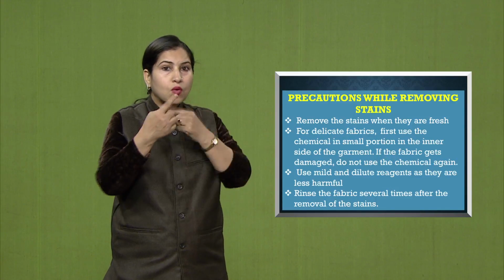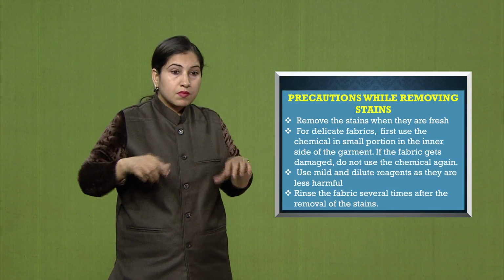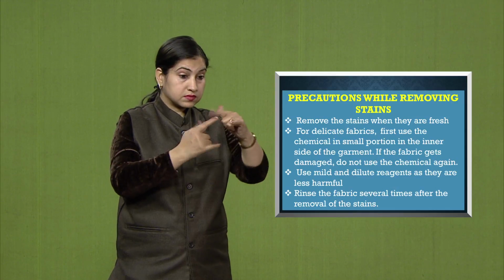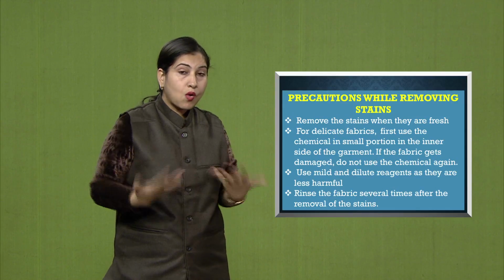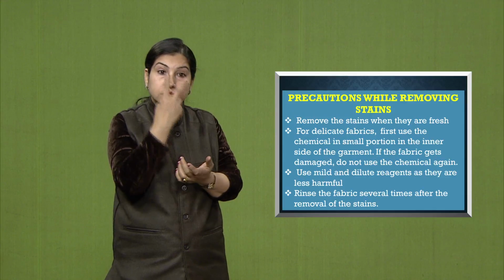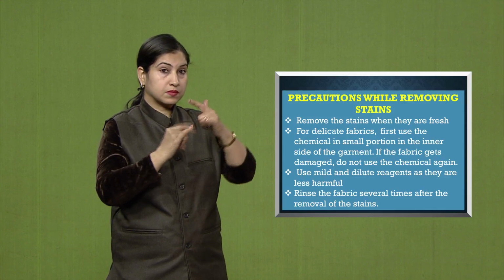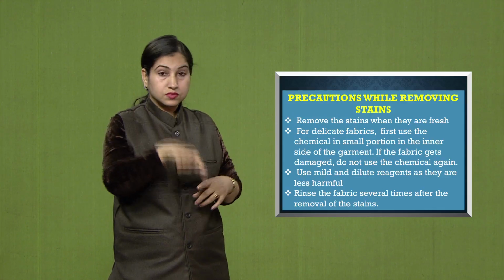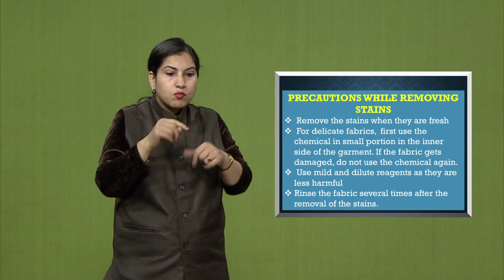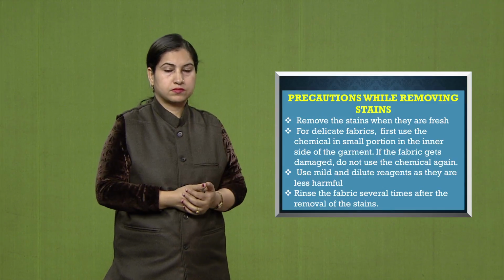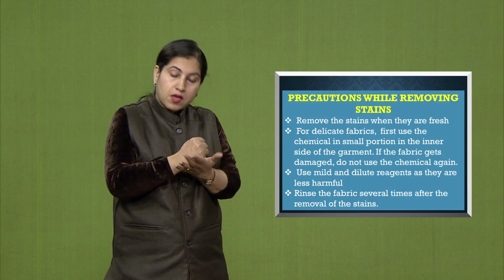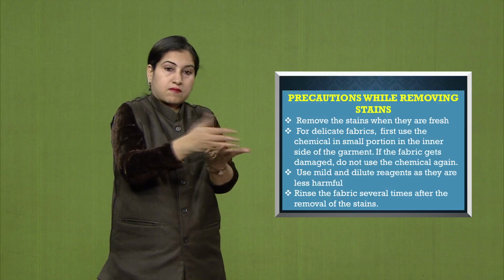Now we will discuss precautions to be adopted while removing stains. First, you must have seen that when the stain is still fresh, it is easy to remove from clothes. Hence, as far as possible, remove the stain when it is still fresh.